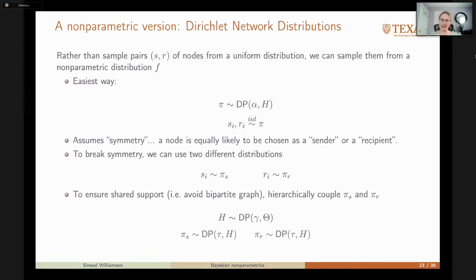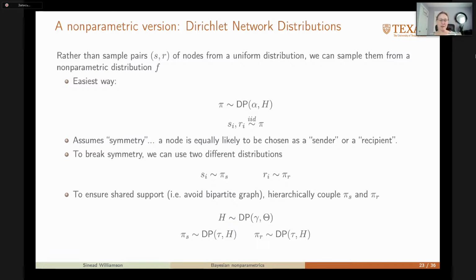I am much more likely to be a recipient of an email in this setting. So I'm going to have two different distributions, right? I'm going to have one distribution for senders and one distribution for recipients. And I'm going to make those Dirichlet processes again so that we have infinitely many senders and infinitely many recipients. But I do sometimes email Rodrigo back. I am not that terrible.